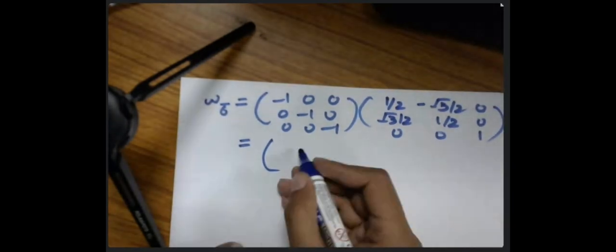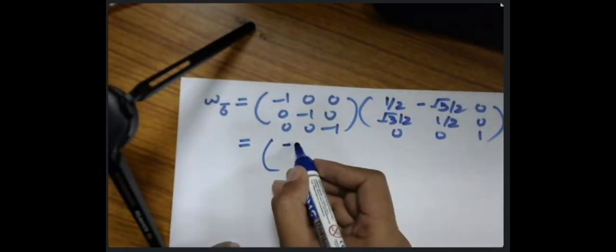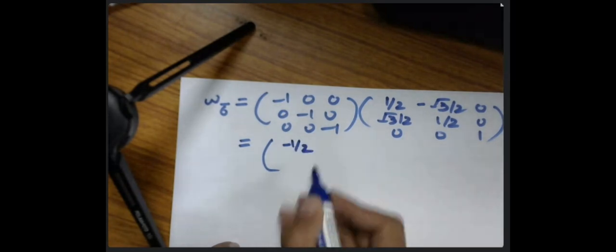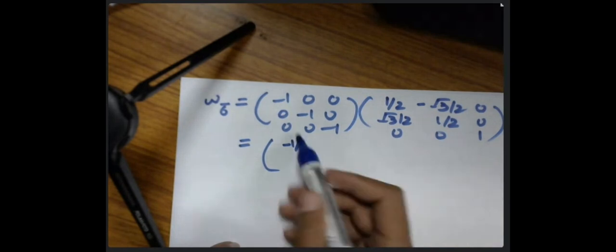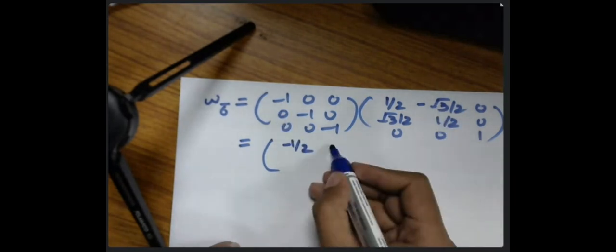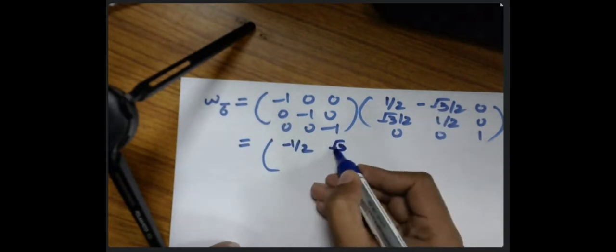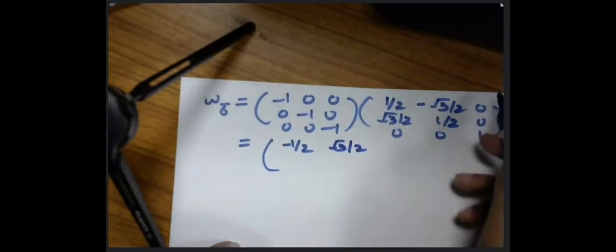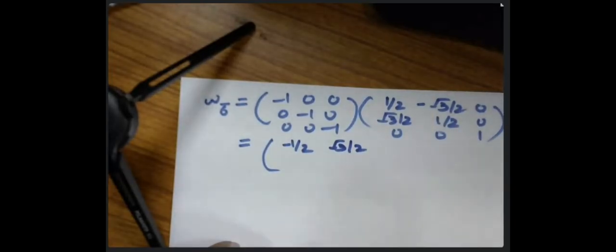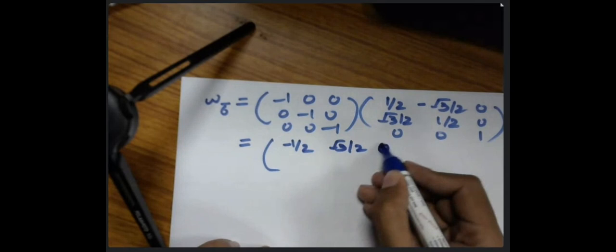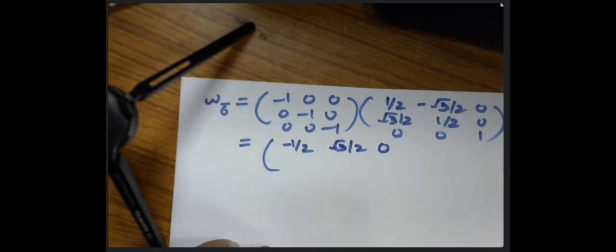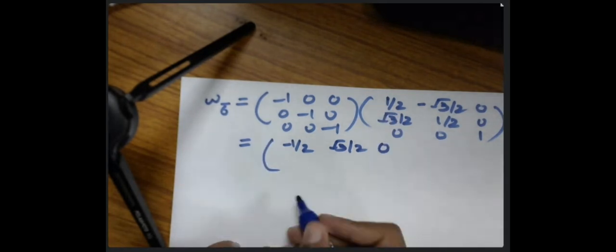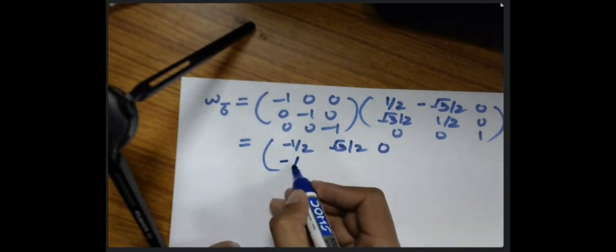Let's do it. Minus of 1 by 2. First row first column minus of 1 by 2. First row second column plus of root 3 by 2. First row third column, what we will get? 0. Second row first column, we will get minus of root 3 by 2.